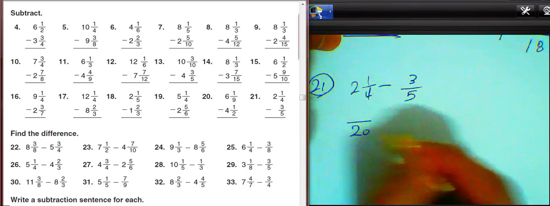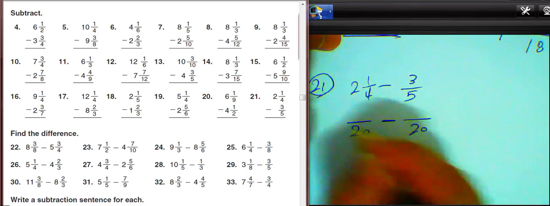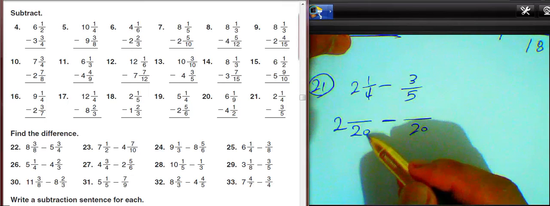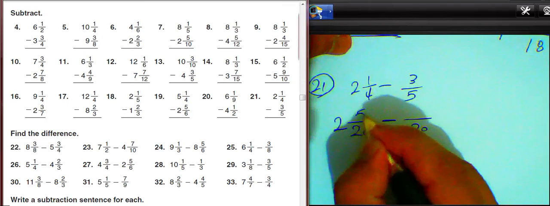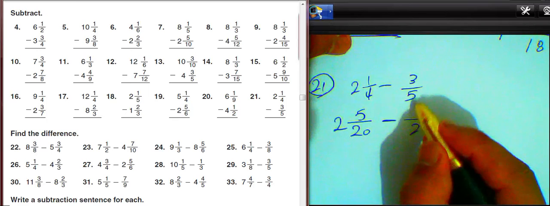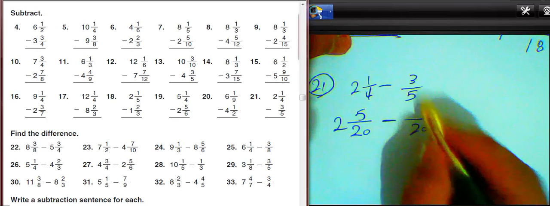So we can write 20 here. 4 times 5 equals 20. 5 times 1 equals 5. 4 times 5 equals 20. 3 times 4 equals 12.